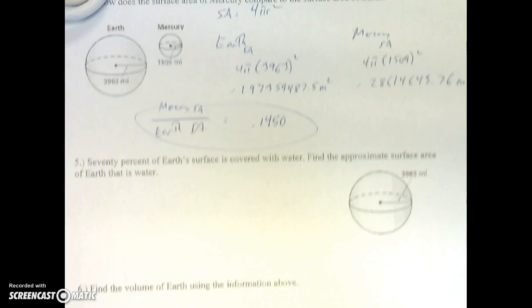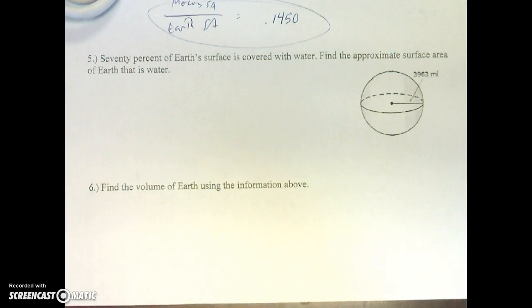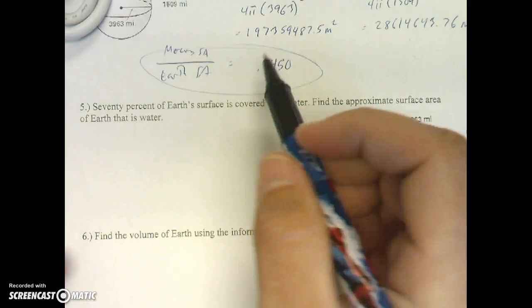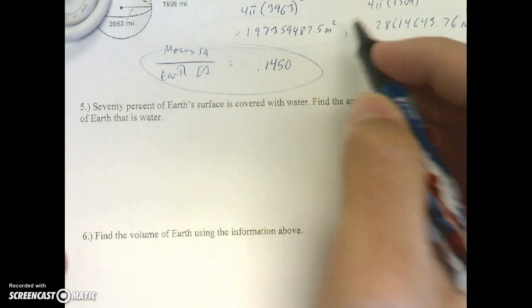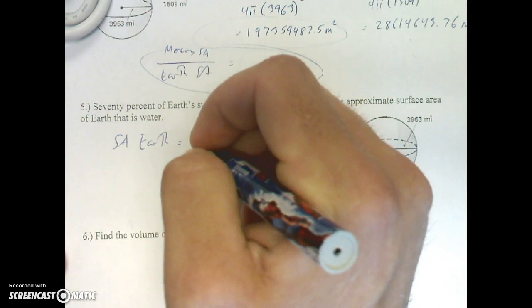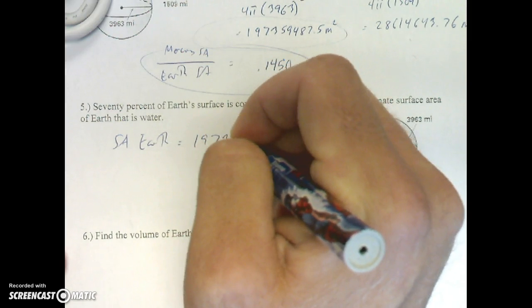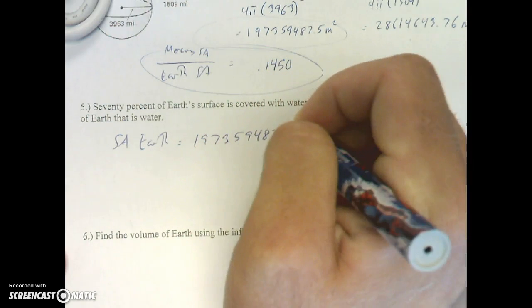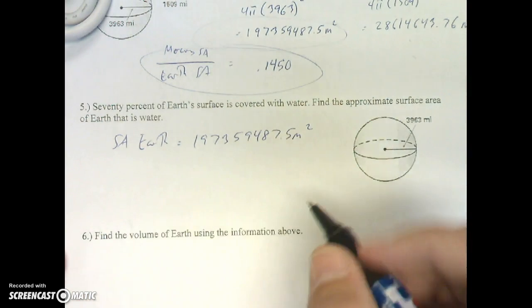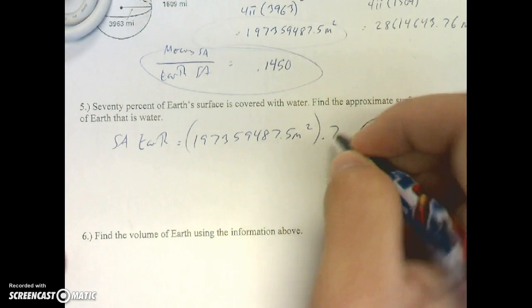Okay? All right, last two parts here. 70% of Earth's surface is covered with water. Find the approximate surface area of Earth that is water. Well, guys, we already found the surface area of Earth up here. So the surface area of Earth is 197,359,487.5 miles squared. And I want 70% of that. So I'm going to multiply this by 0.7.